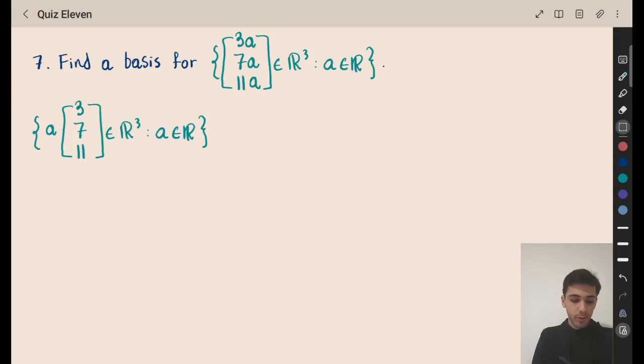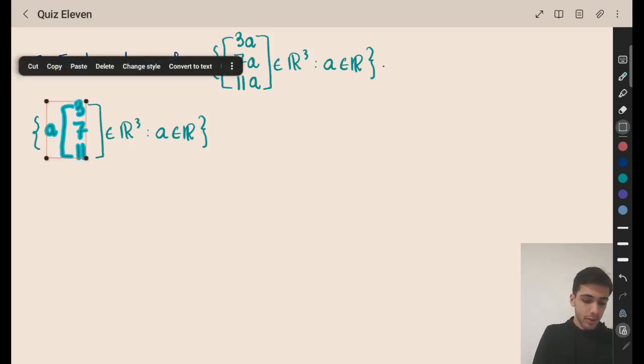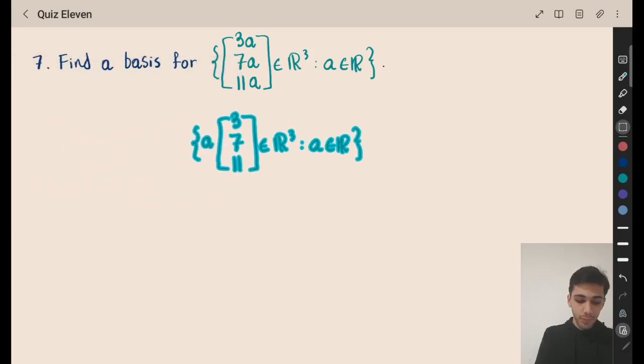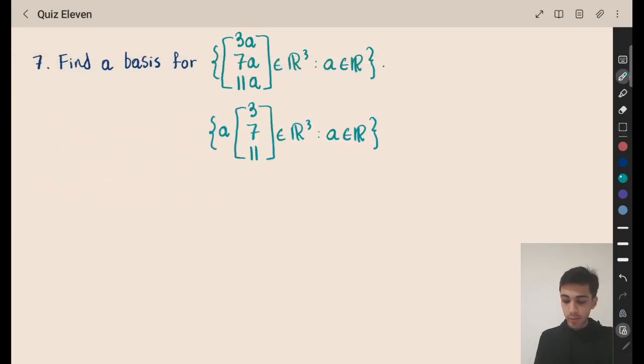And let me also say this very clearly. It involves all scalings of this vector. All scalings of this vector. So this is equal to that. Okay, so we can think of this as, let's say, I'll call this vector x for the sake of illustration.